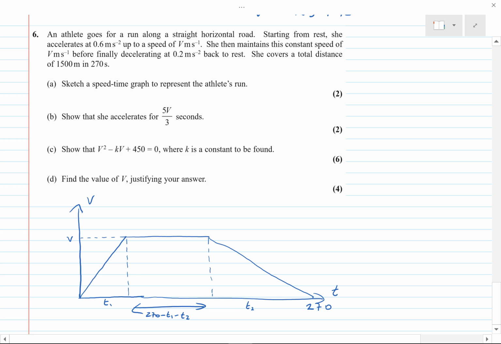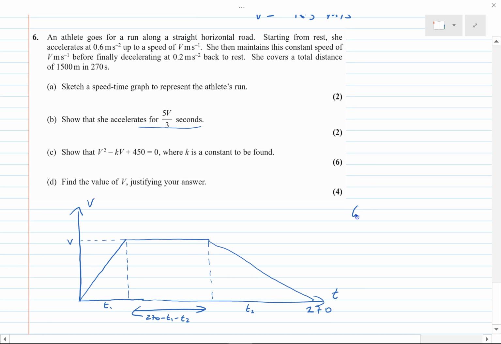Right, so it says that she accelerates for 5v over 3 seconds. Well, the gradient equals acceleration. So that tells us that v over t1 is equal to 0.6, which is equal to 3 over 5.